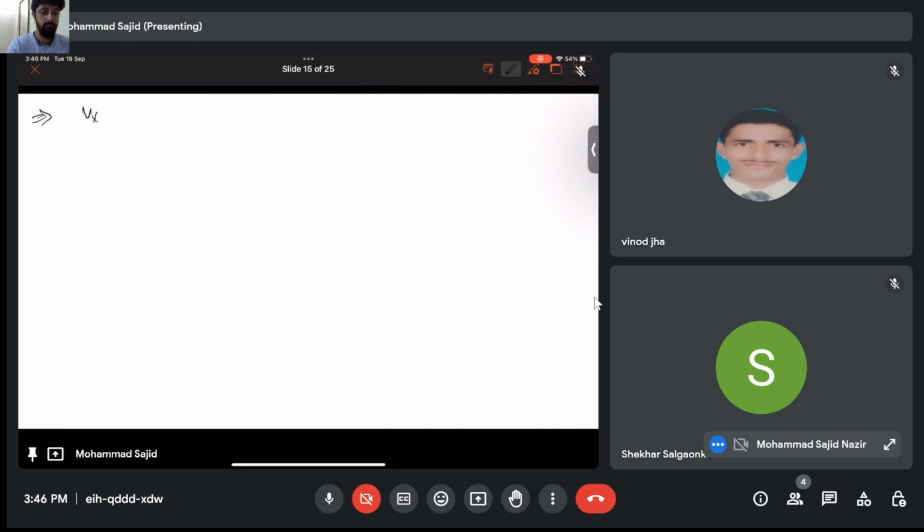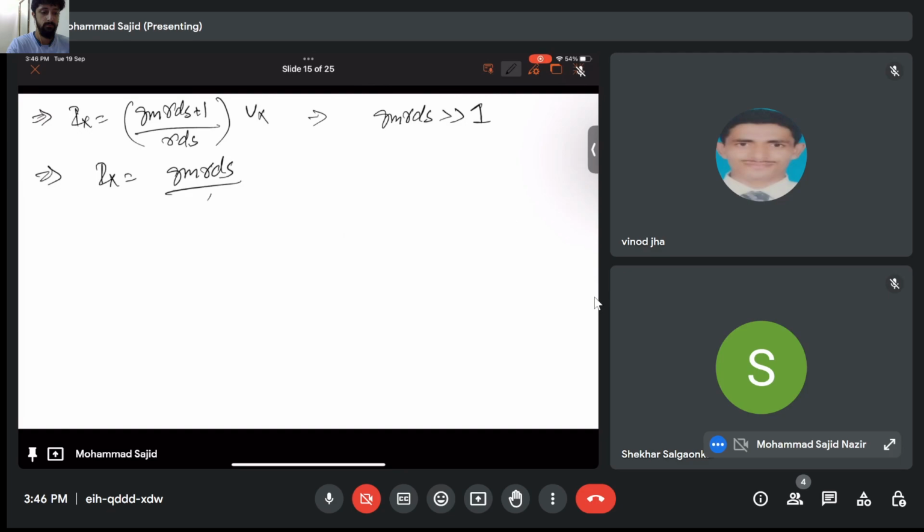So Ix will be Gm Rds plus 1 by Rds times Vx, assuming that Gm Rds is greater than 1. So this means Vx by Ix is 1 by Gm.